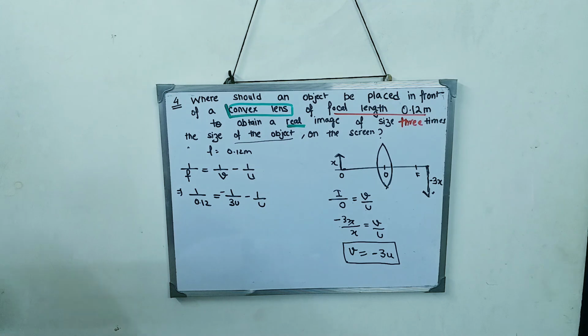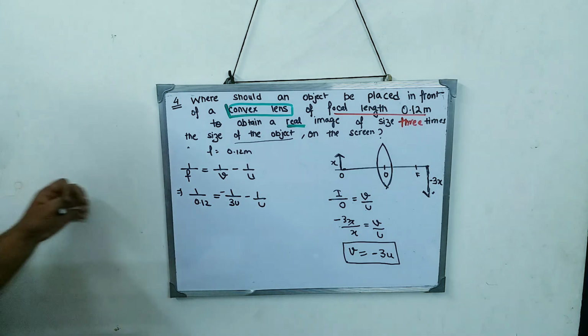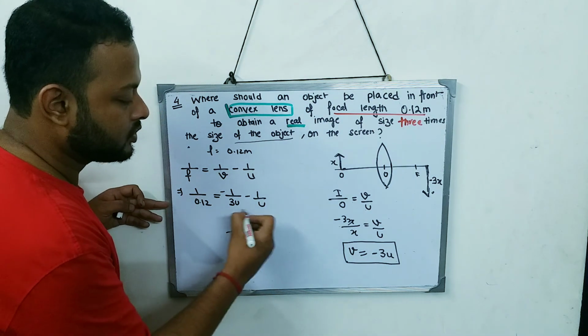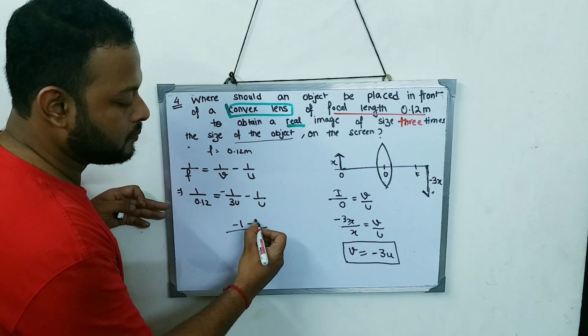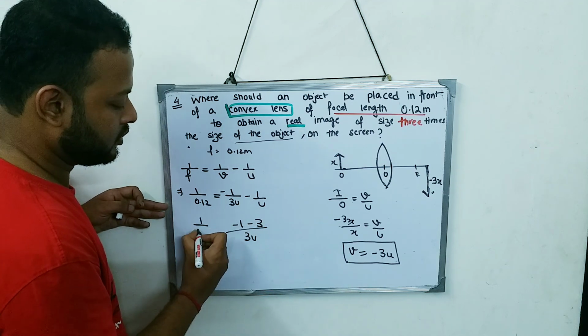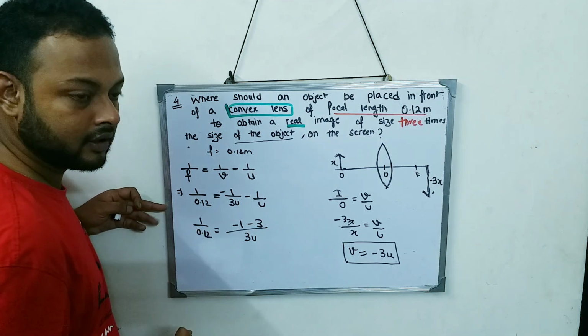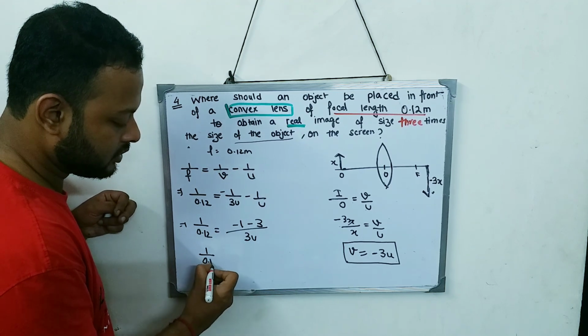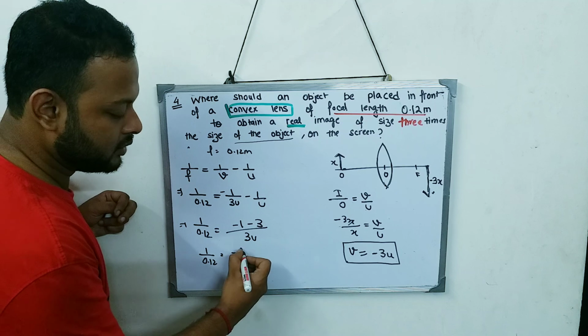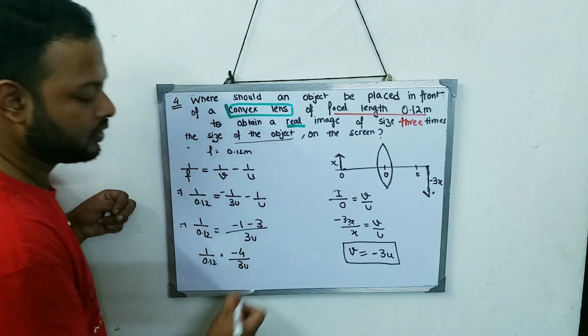So after this, I will take the LCM of it. So this LCM is 3U, minus 1 minus 3. And if I go one more step, it becomes minus 4 by 3U.